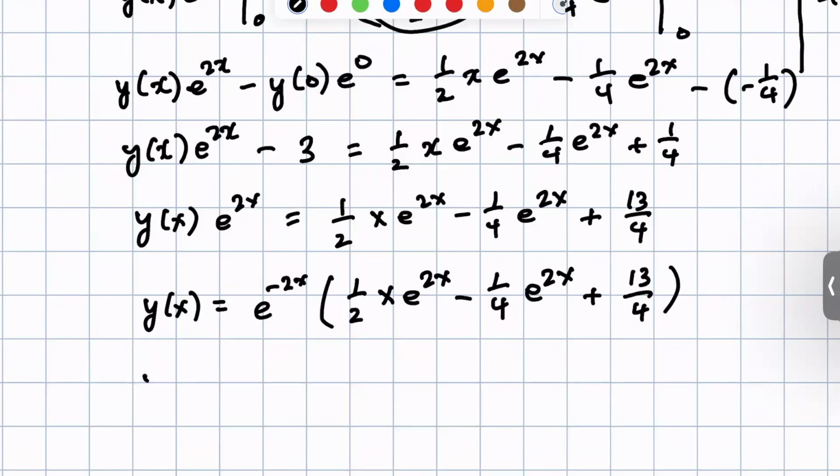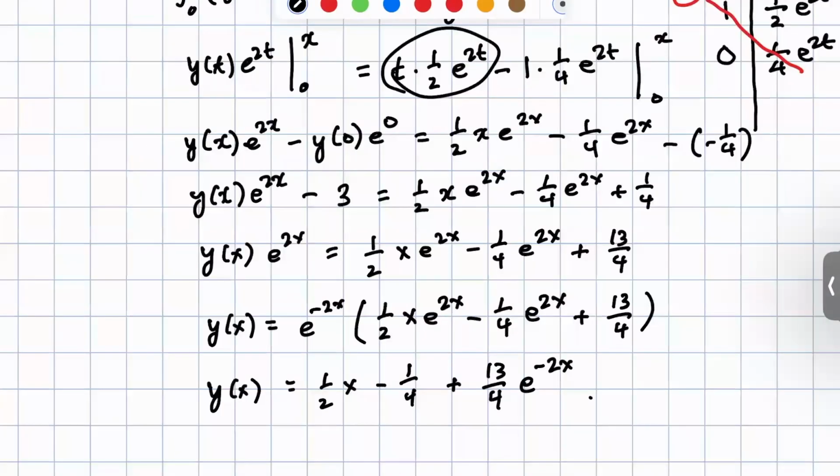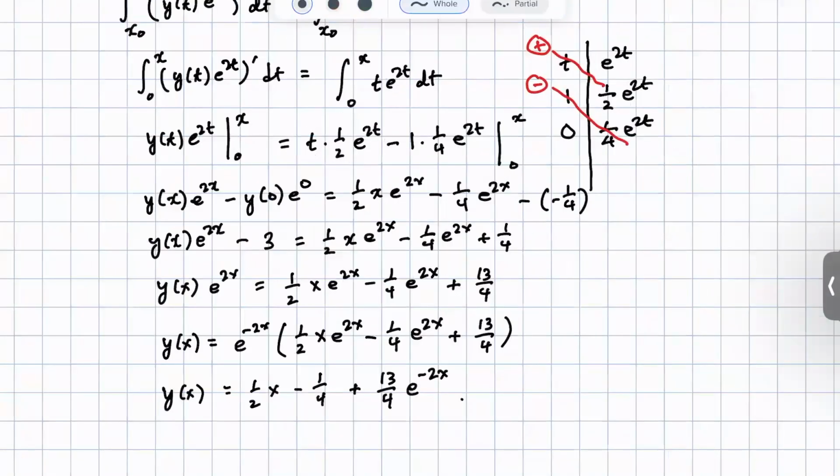And then I can multiply through. I get 1/2 x minus 1/4 plus 13/4 e to the minus 2x. So that's how you do this problem with a definite integral.